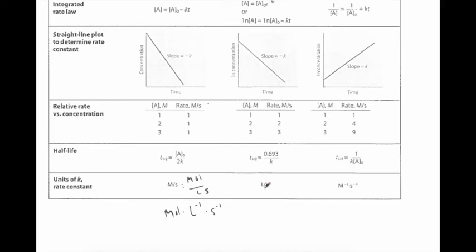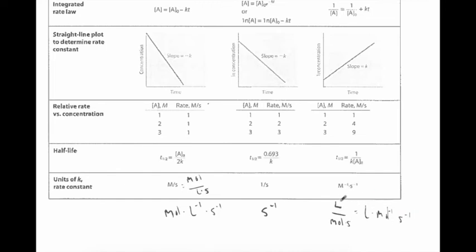The rate constant k units for first order, we could just write that as seconds to the negative first. Here we could write this as molarity to the negative 1. That means flip molarity. So that's going to be liters per mole seconds on the bottom. Another way of writing that would be liters times moles to the negative 1 times seconds to the negative 1.